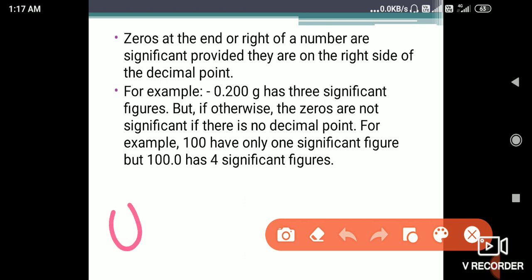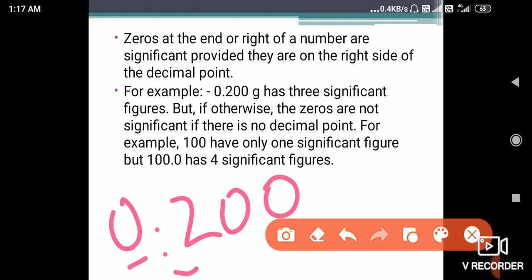So here you will see 0.200. There is a decimal, and after the decimal there is a non-zero digit, and after the non-zero digit, on the right side of the decimal point, there are two zeros. So here if you count the significant figures, it will be 3.